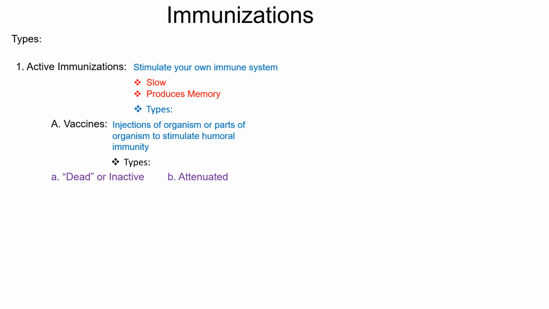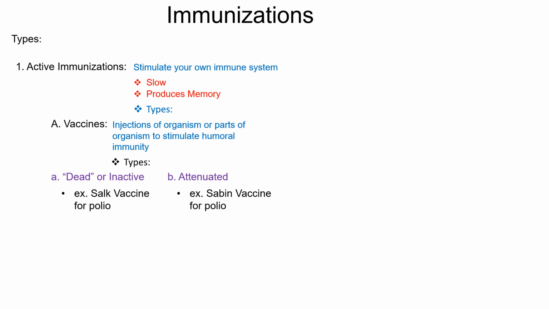Now, to understand these two, we're going to talk about, for the dead or inactive, the Salk vaccine for polio. The attenuated vaccine, we're going to talk about the Sabin vaccine for polio. Now, the Salk vaccine was one that was developed first. It was made from the inactive virus, and it was put into a needle and injected into you.